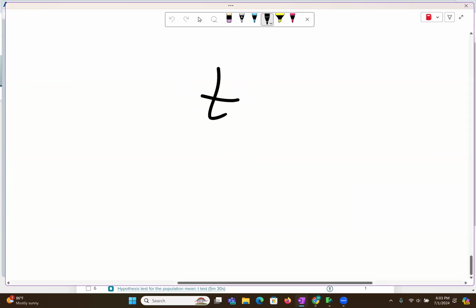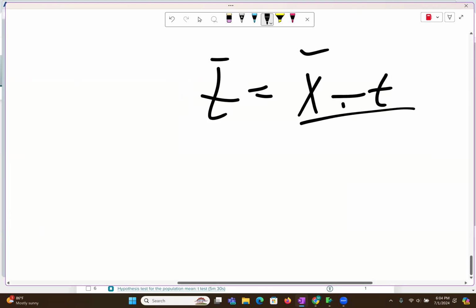The sample t-test is equivalent to the sample mean minus mu, divided by the standard deviation s of x over the square root of n. That's equal to my t value.